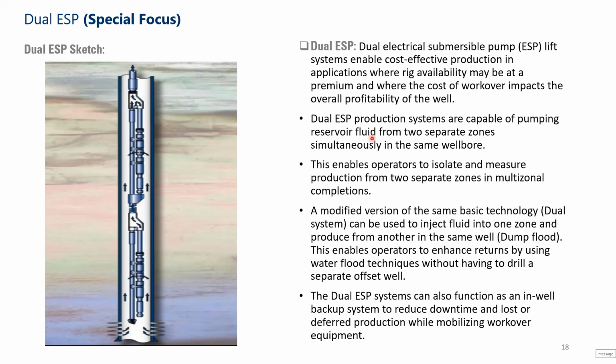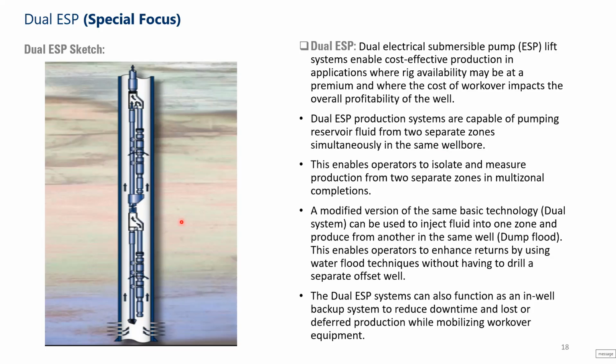Another point is that dual ESP production systems are capable of pumping reservoir fluid from two separate zones simultaneously in the same wellbore. So you can produce from two different zones because you install them at different zones, and you will be able to produce simultaneously from these two zones.